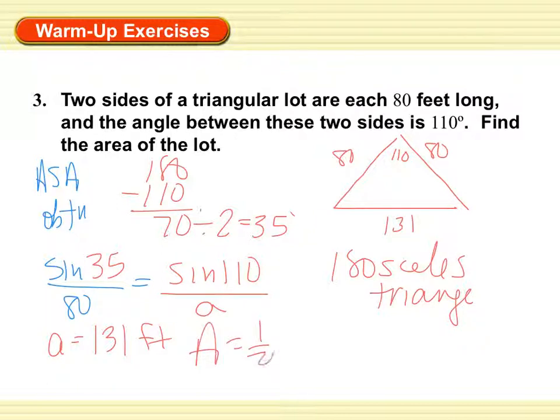Area is 1/2 base times height. I need to figure out my height. I know in an isosceles triangle, the height cuts the base in half. So 131 divided by 2 is 65.5. So I can figure out the height of the triangle.